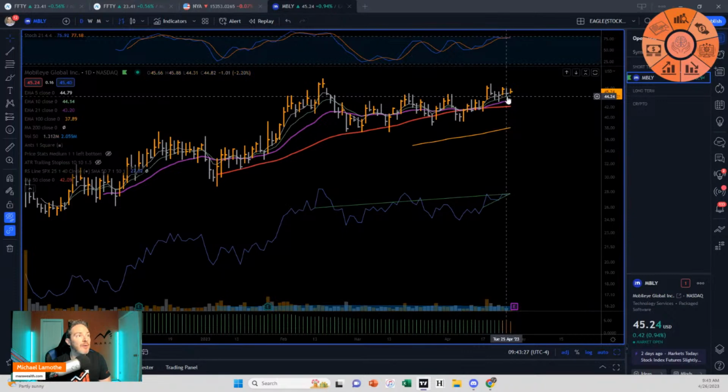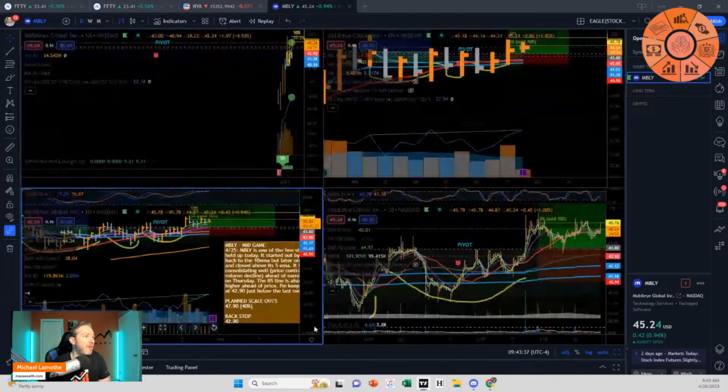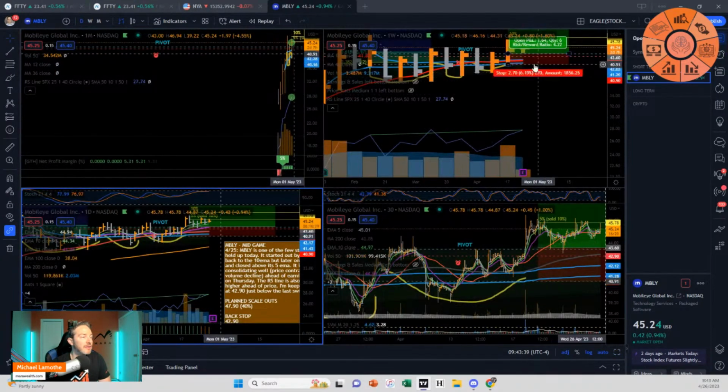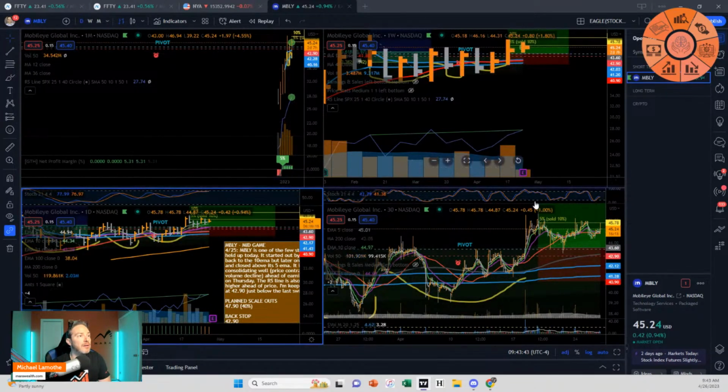It would have to take out the 10-day exponential moving average. It would have to take out the 21-day exponential moving average. And if we go over and take a look at a weekly chart, it would have to make a fresh low on the week this week.